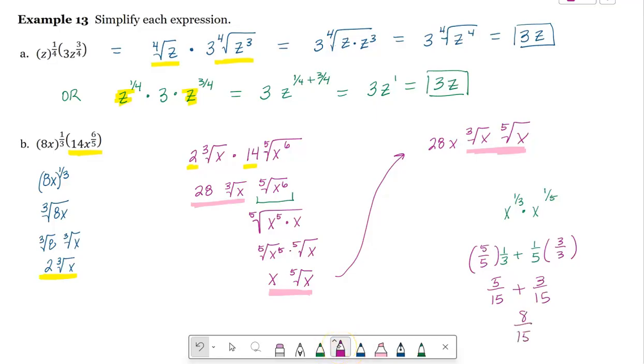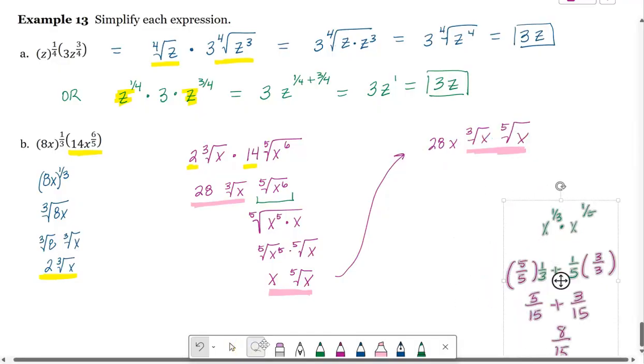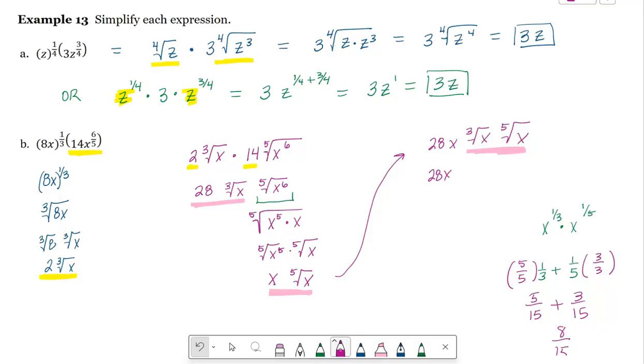Kind of a crazy answer, but I think what we're going to end up with is 28x, and then we're going to have another x to the 8 over 15th power, or 28x times the 15th root of x to the 8th power. I'm going to put 15 as the index, and then we have x to the 8th power under the radical sign.